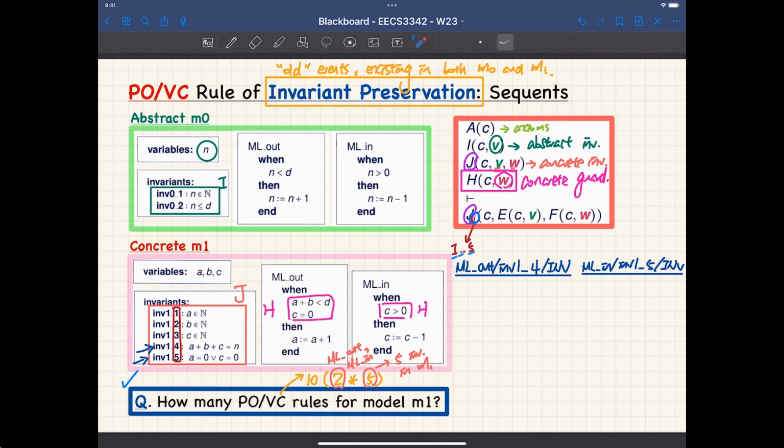Now give it a try, and then we'll put it down in a minute. Now just make sure this is ML out, ML out, and we've got ML in, ML in, and also invariant 4, invariant 4, invariant 5, invariant 5.